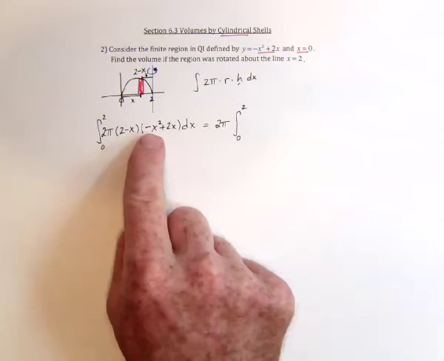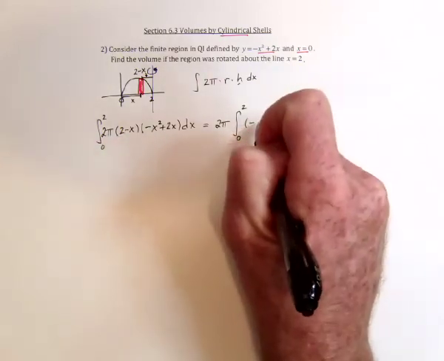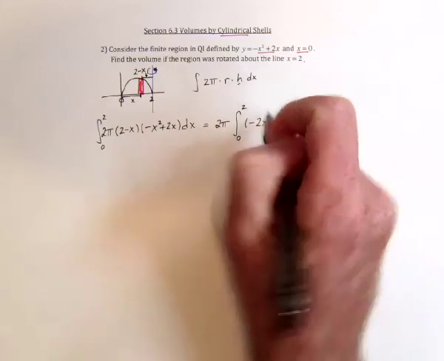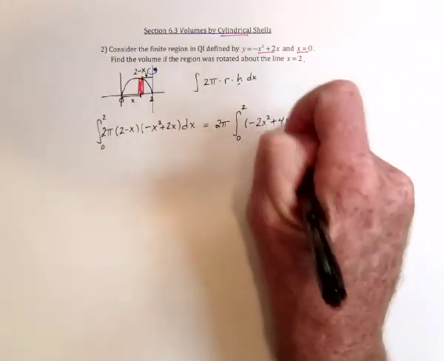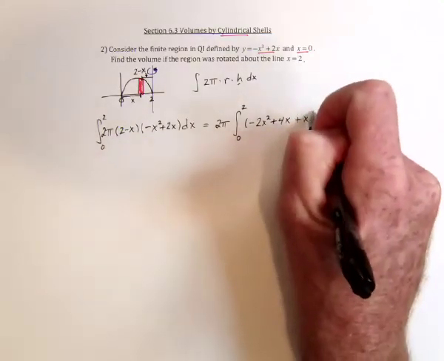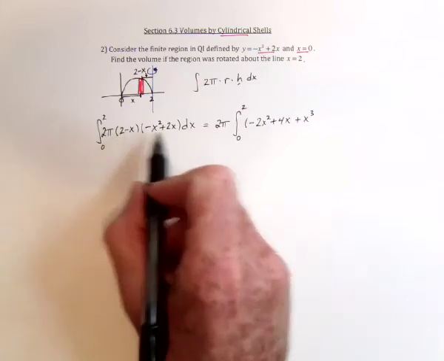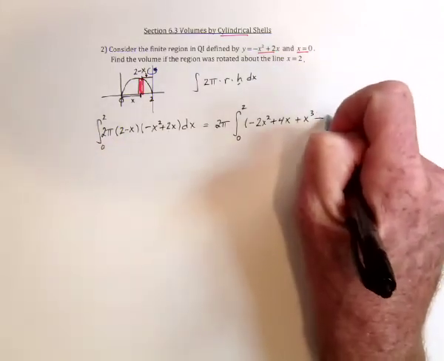We'd have a 2 times this, so negative 2x squared. A 2 times that is positive 4x. This times this would be positive x cubed, and then the last one times the last one is negative 2x squared.